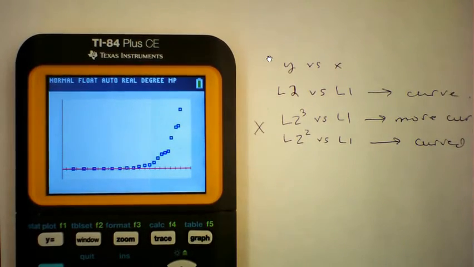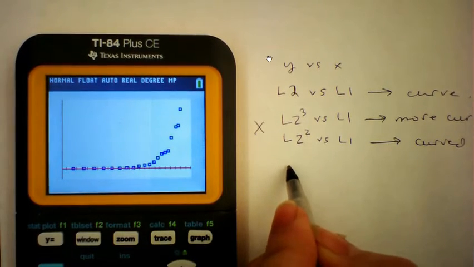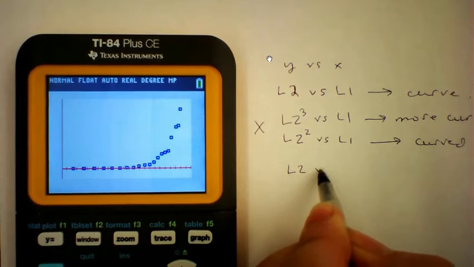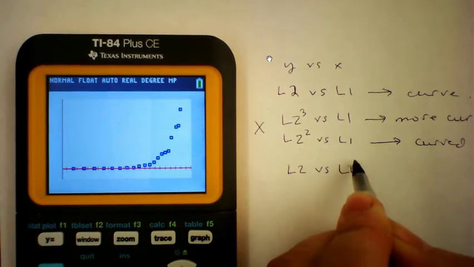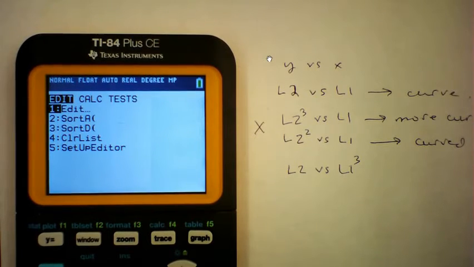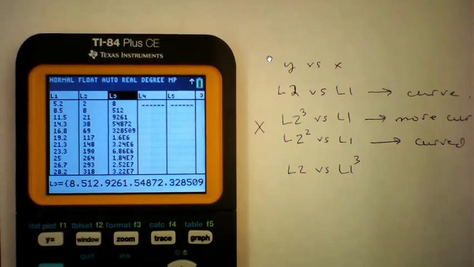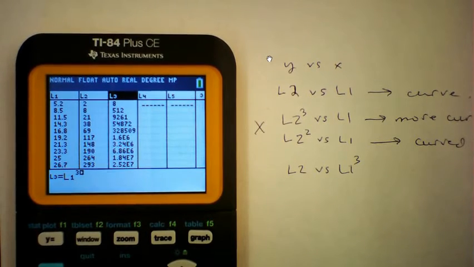Guess and check. So now I might change my mind: why don't I take my L2 versus, and why don't I cube my L1? So let's see, I could try that. Edit, go into here, take my L1, and I'm going to cube that.